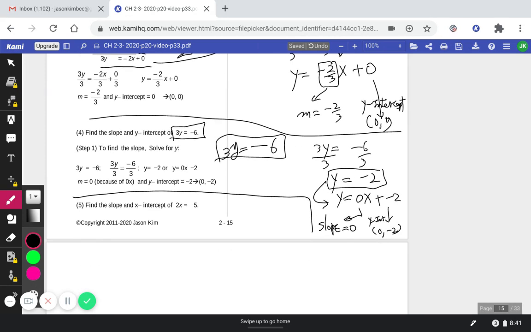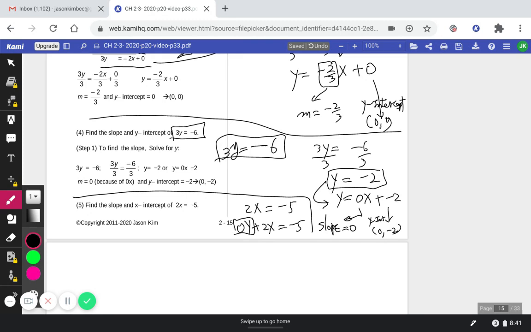How about this? 2x equals -5. No y values. Okay. So it's actually 0y plus 2x equals -5.